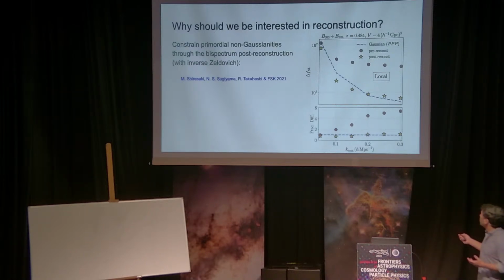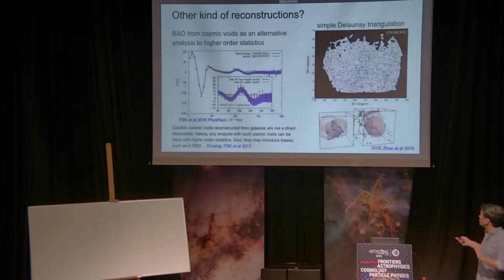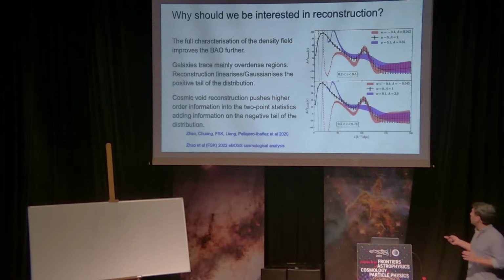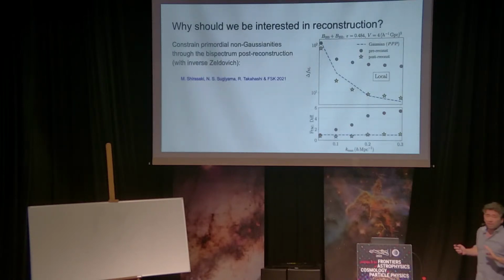And I should stress in all these things that we have applied simple inverse Zel'dovich reconstruction. I will explain in a minute what that is about. But this is the most simple thing you can do, and it's super powerful. Again, we gain a lot in f_NL, this second order deviation in the potential from Gaussianity.